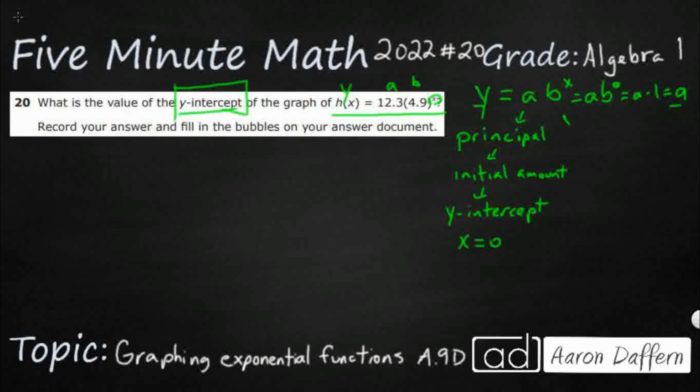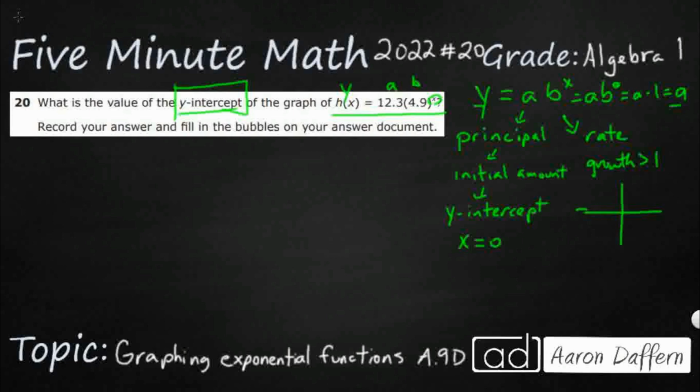So what is this b here? This b here is going to be your rate, the rate we were discussing. Now it's a growth rate if it is greater than 1. In this case, it is greater than 1. 4.9 is greater than 1, which means when you are graphing it, it's going to look something like this.